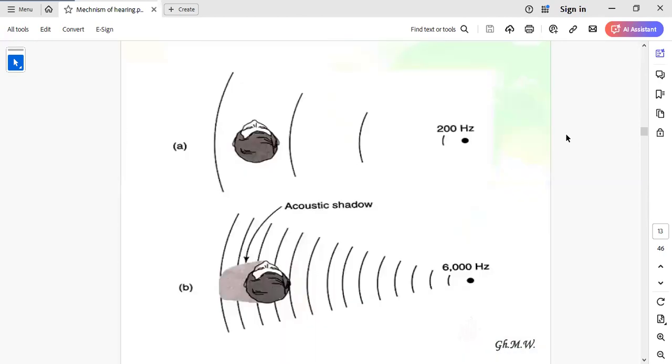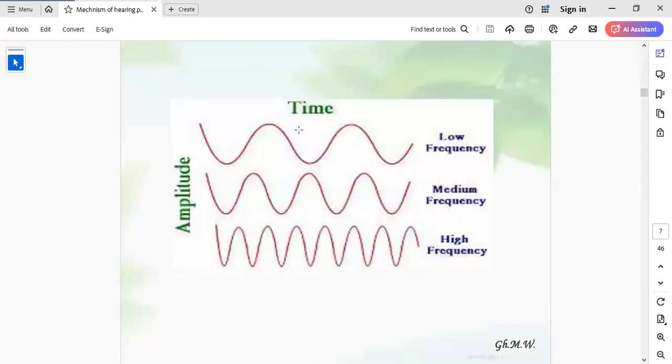This is the head shadow effect. At low frequency, the head effect is minimal, as the number of waves disrupted by the head is very, very few. This is low frequency. If the head is here, the number of cycles dispersed by the head is very low, maybe part of a cycle.